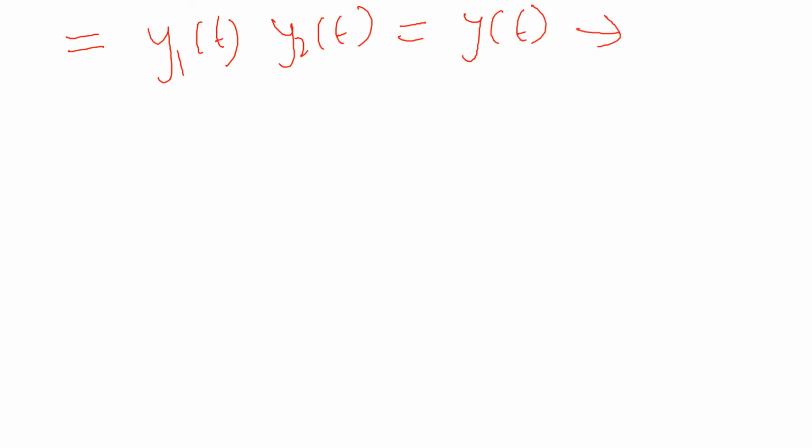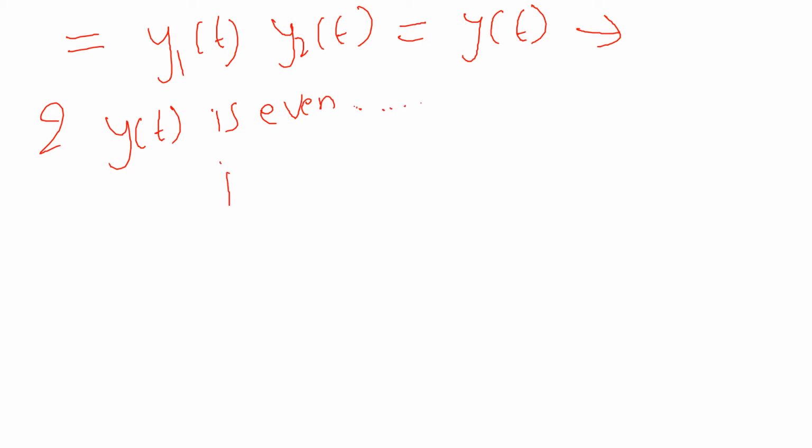So this means y1 of t into y2 of t, that is nothing but y of t, and y of t is even. Am I right?